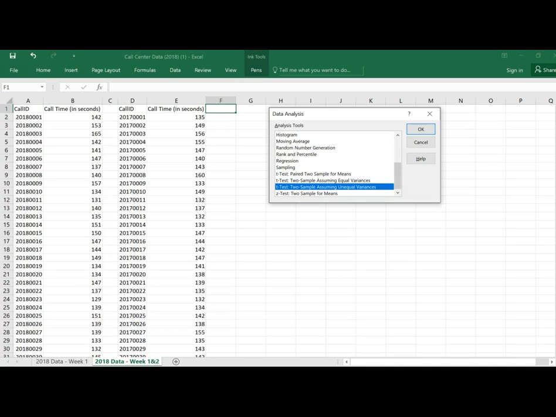So we're probably going to want to use a T, but notice there are 3 different options for a T test: paired 2 sample for means, 2 sample assuming equal variance, 2 sample assuming unequal variance. So when do we use which? The T test for the paired 2 samples you'd want to use if you know that you've got the same person for your first and your second set of observations.